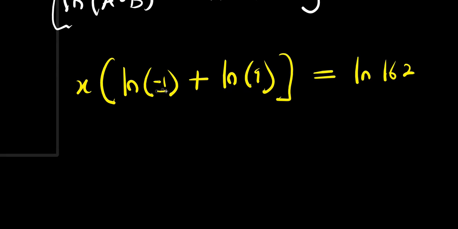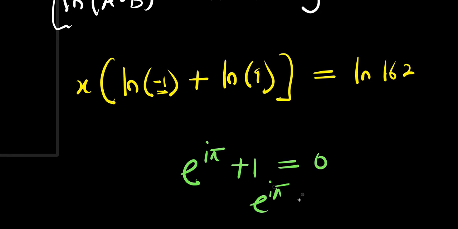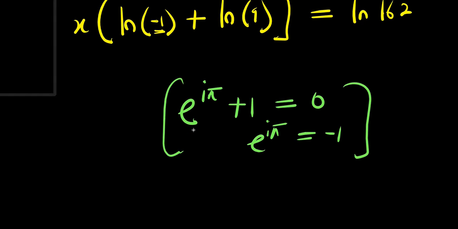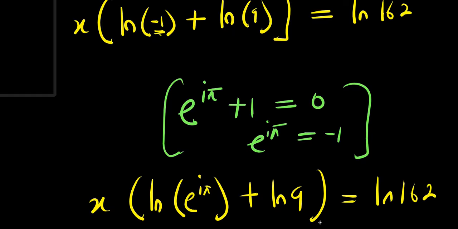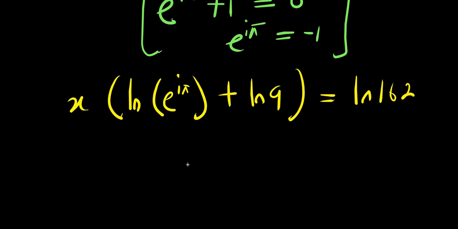Now here is natural log of negative 1. Remember, e to the power of i times pi plus 1 equals 0, meaning e to the power of i times pi equals negative 1. So that means we are simply going to have x times natural log of, it's already negative 1 here, e power i times pi, plus natural log of 9, and this equals natural log 162.